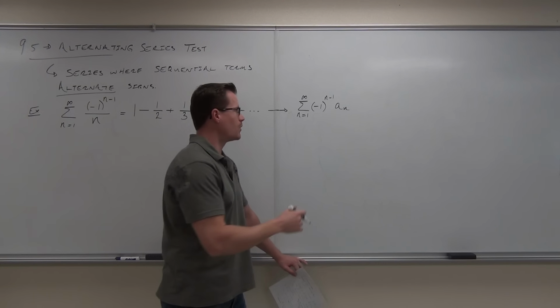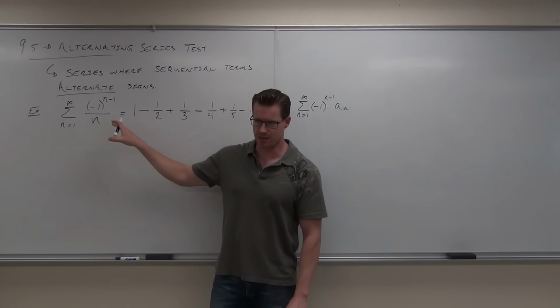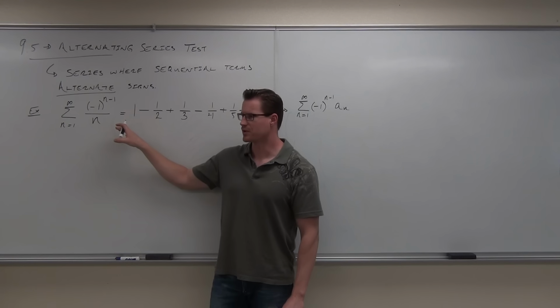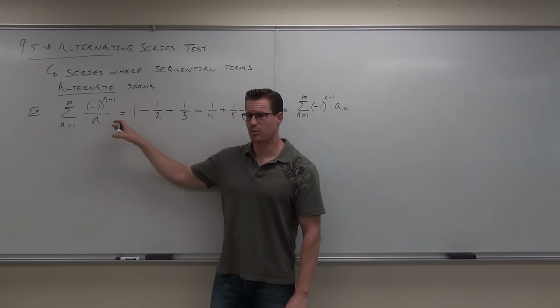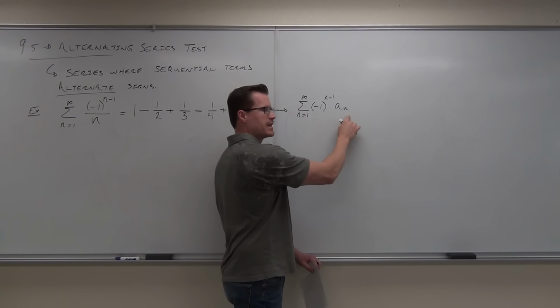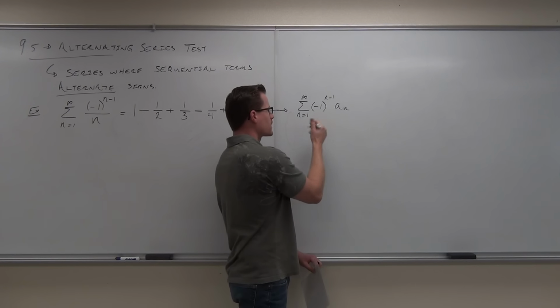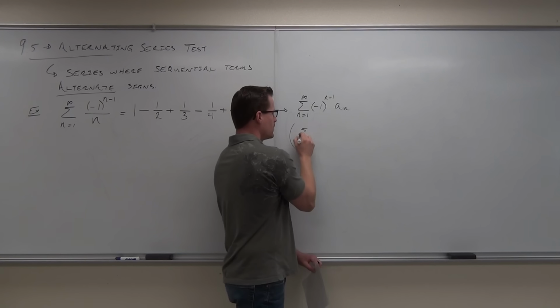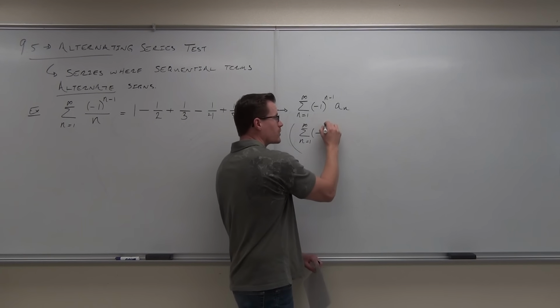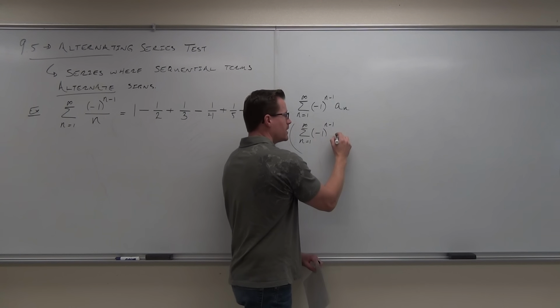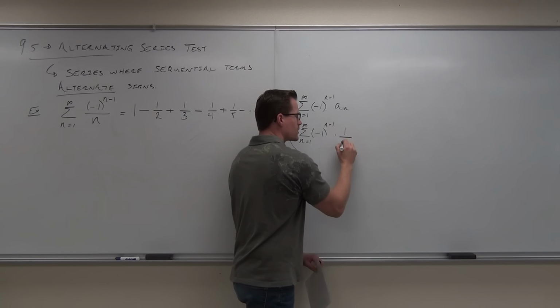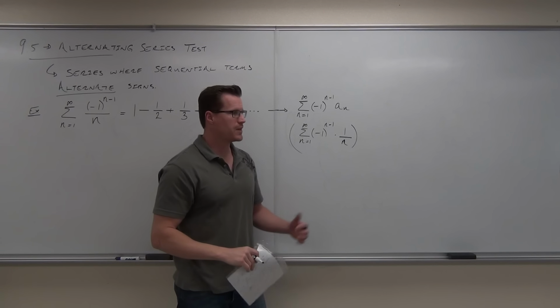So for instance, the only thing that's giving this the sign change is the negative 1 to the n minus 1. You guys agree with that? Yeah. Other than that, the 1 over n is the a sub n that we're talking about. So in our case, more specifically, this could be written as the alternating part, negative 1 to the n minus 1, times 1 over n.